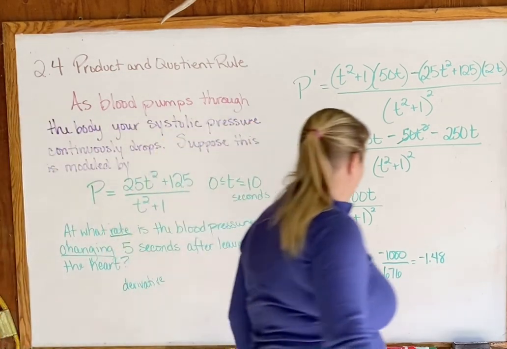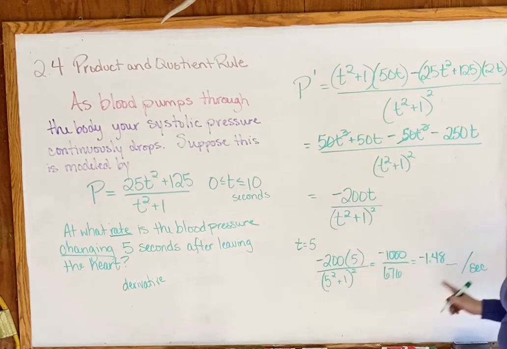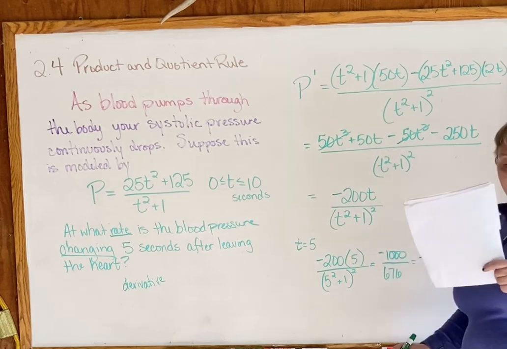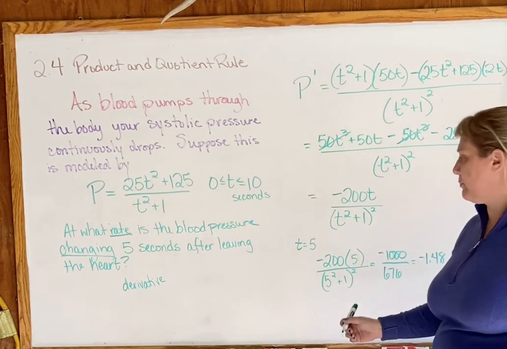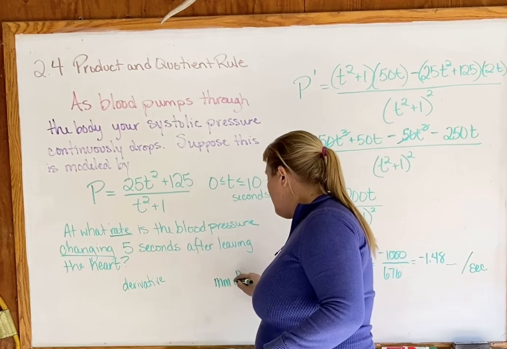Now, the problem is we need to figure out how to answer this question. I know that it's going to be something per second because we're looking at seconds. So we need to know how we measure blood pressure. I Googled this, and apparently you measure blood pressure, like when you do the blood pressure cuff, in millimeters of mercury.